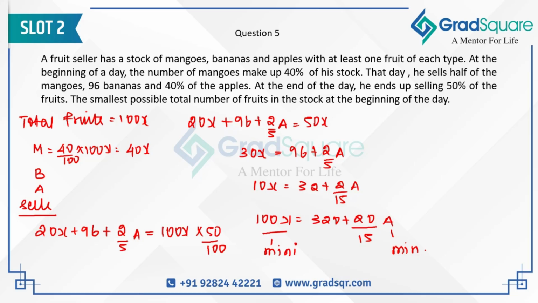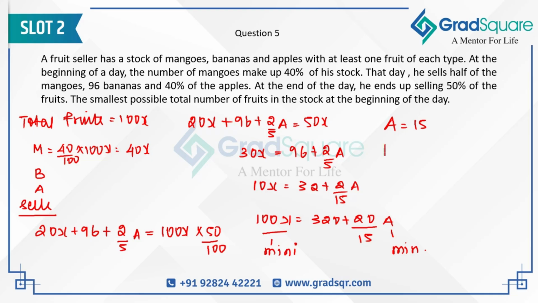It can't be decimal, right? So I'm going to assume the smallest possible value of A as 15, because any other value less than 15 or greater than 15 which is not a multiple of 15 is going to give me a value in decimal. So the smallest possible value of A will be 15.